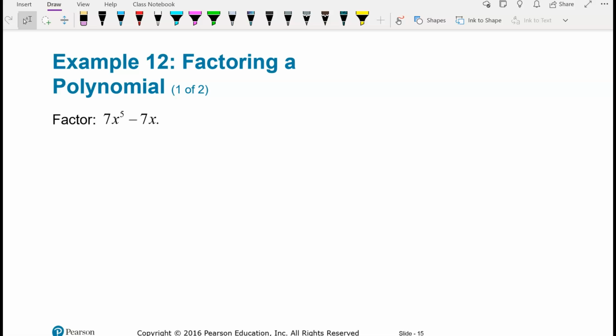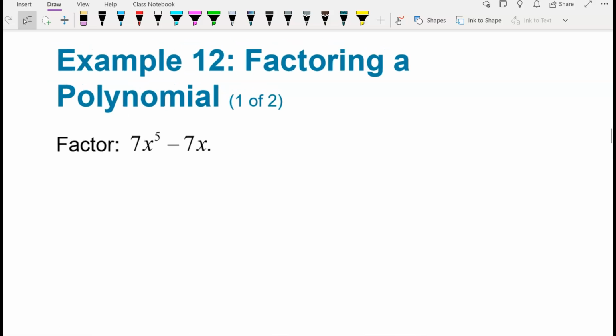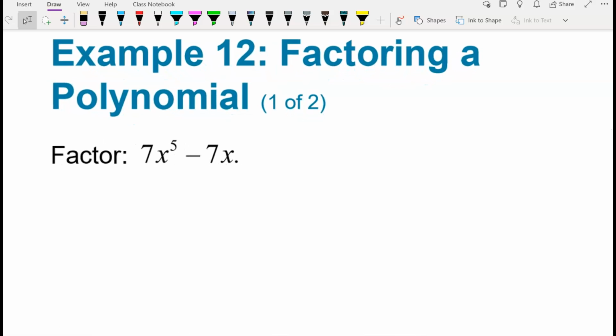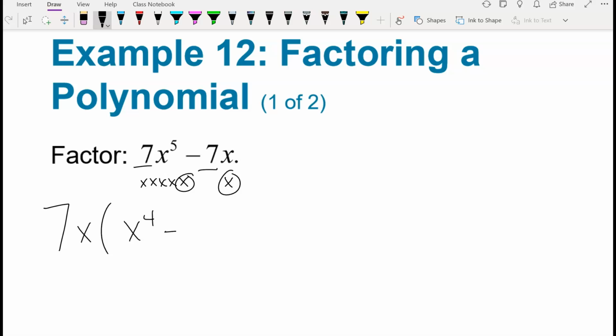All right, so let's do one of those where you have to take out a GCF. So notice they have a 7 in common, so that goes out front. And then they also have an x. So this has 5 x's and 1 x, so they only have 1 x in common. So it'd be x to the 4th left over. And whenever you take out fully something, so if we divided out that 7x, we would have a 1 left over.